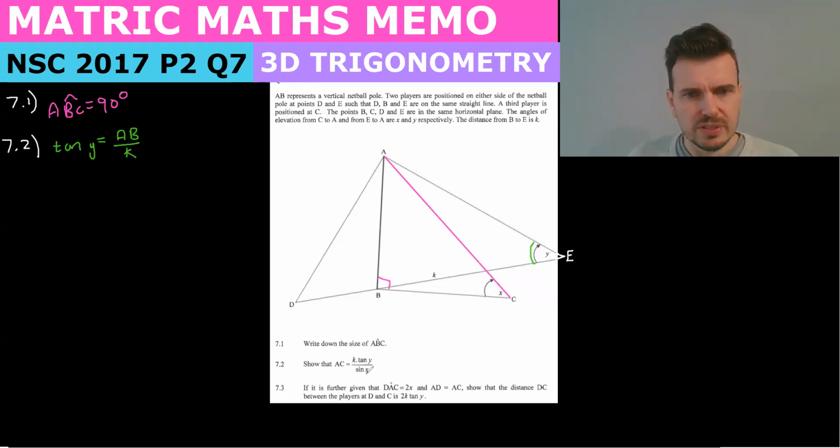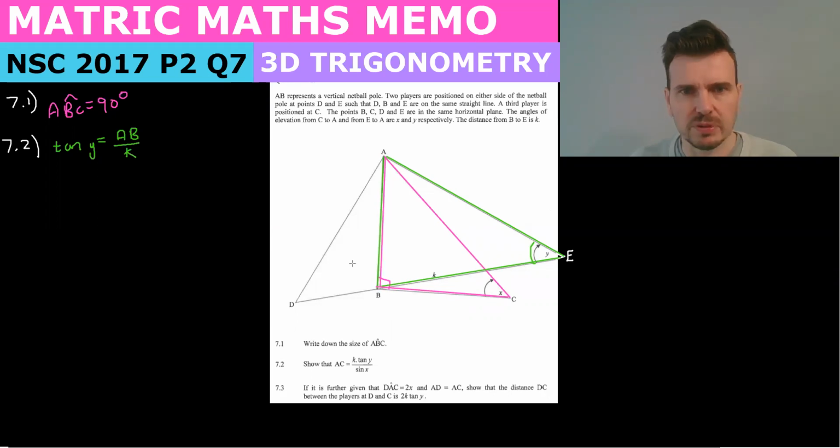Okay, and then we see we've got sine X in there. So in the solution, in these 2 triangles, I'm going to do them in green. So that one in green, and then we'll do the other one in pink. You see we've got a common side AB.